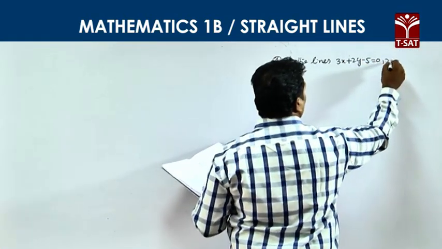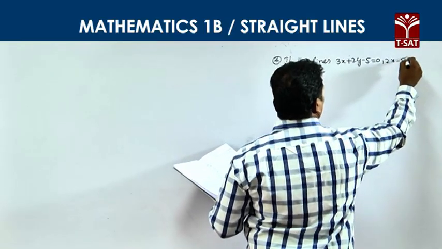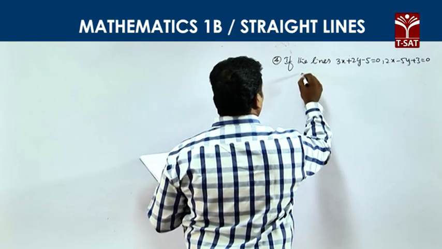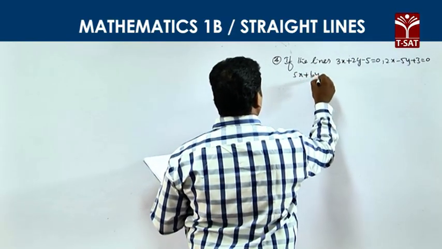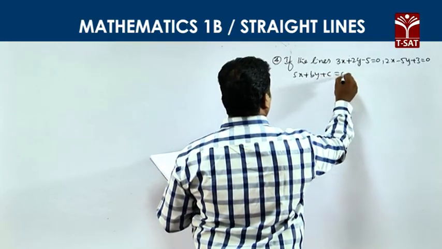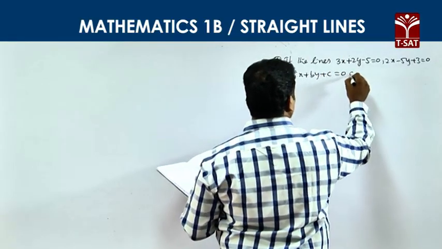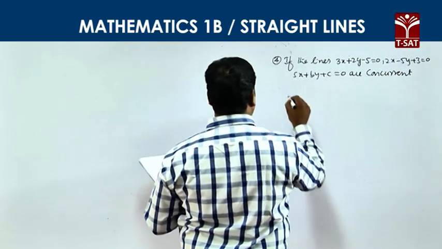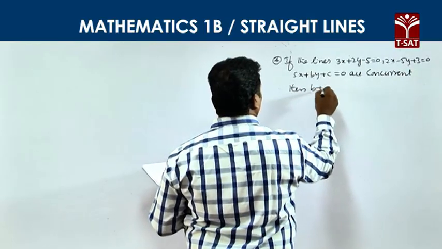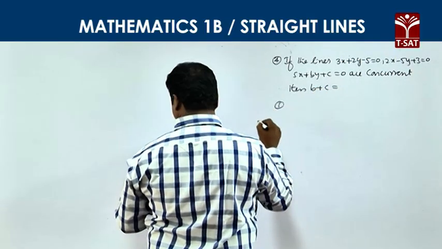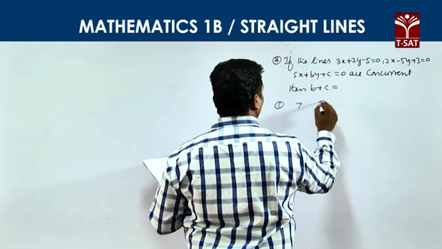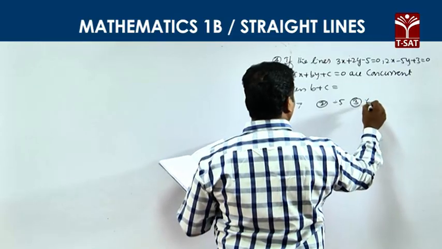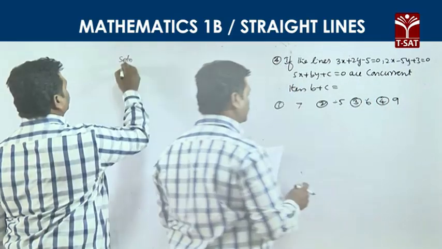Now the next problem, the fourth one. If the lines 3x + 2y − 5 = 0, 2x − 5y + 3 = 0, and 5x + by + c = 0 are concurrent, then b + c is equal to: option 1 is 7, option 2 is −5, option 3 is 6, fourth option is 9.